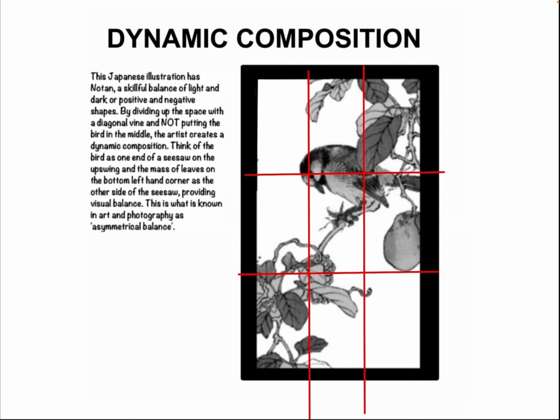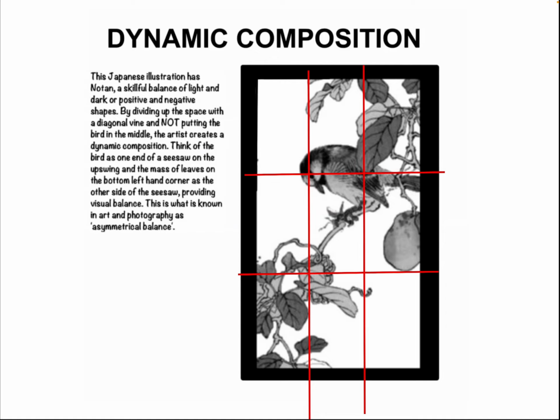We also want to think about having a composition that is dynamic, that's interesting, right? Most of the time we find photographs that have asymmetrical balance, which means things are not right in the middle and they're not the same on the right side and the left side, to be more exciting. You can see that this little illustration of a bird on a branch goes diagonally through the picture plane, which we find more exciting than straight up and down or straight sideways.